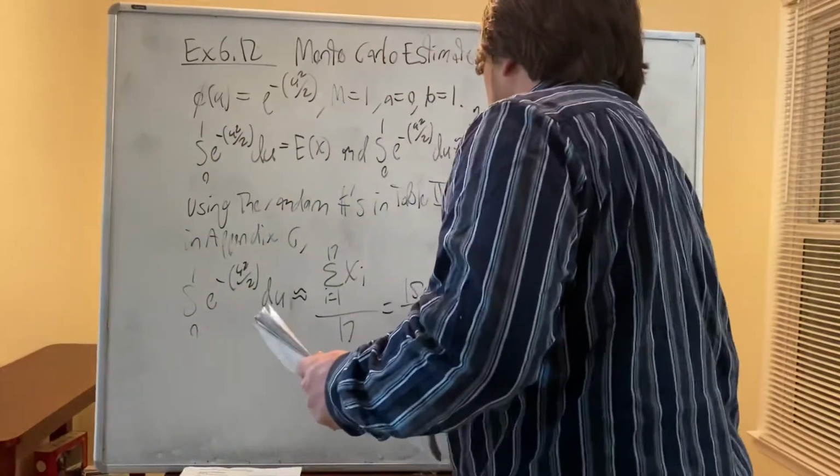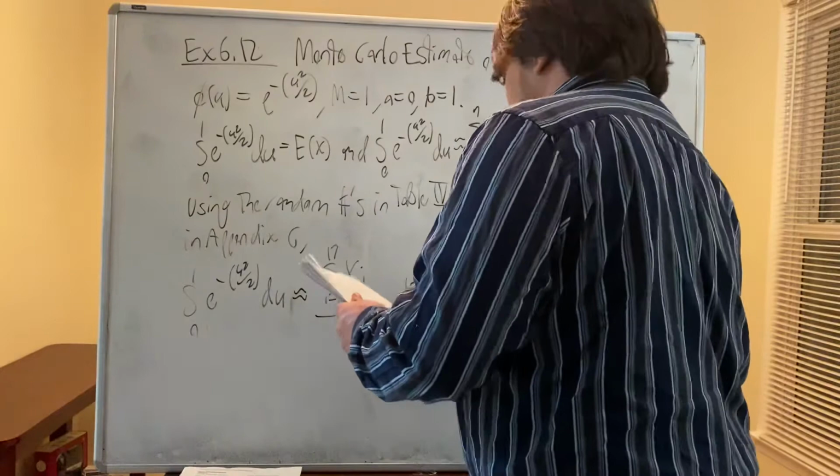And so that is equal to 15 over 17, because the decimal is 0.8824.